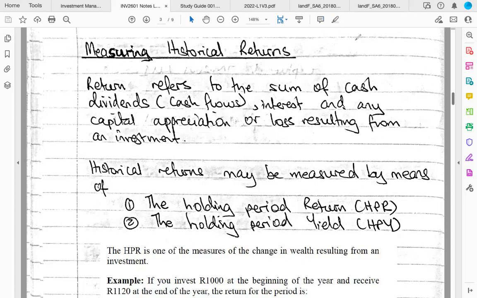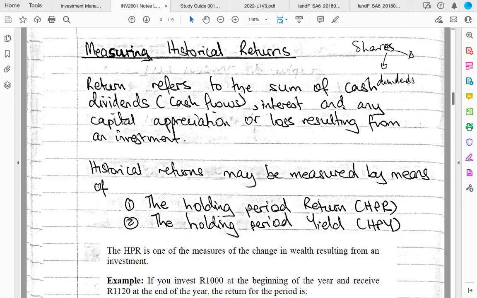So what do we mean by that? If you purchase shares in a particular company, and you want to measure the returns that you got historically, your returns from holding shares can come from two sources. The returns can either come from dividends, right?